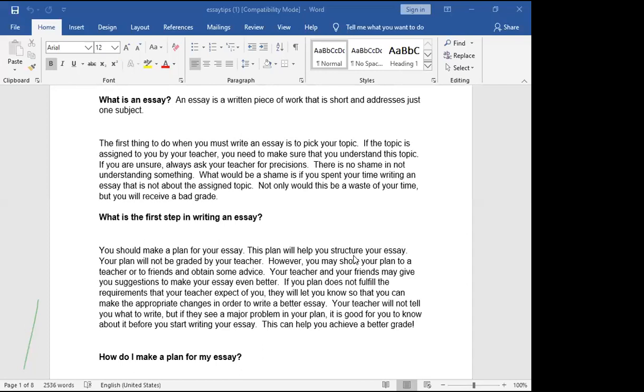If your plan does not fulfill the requirement that your teacher expects of you, they will let you know so that you can make the appropriate changes in order to write a better essay. Your teacher will not tell you what to write, but if they see a major problem in your plan, it is good for you to know about it before you start writing. It can help you achieve a better grade.